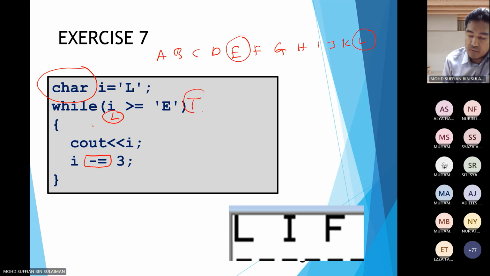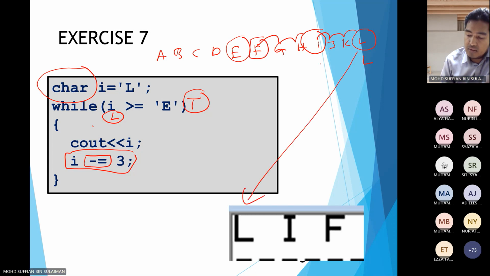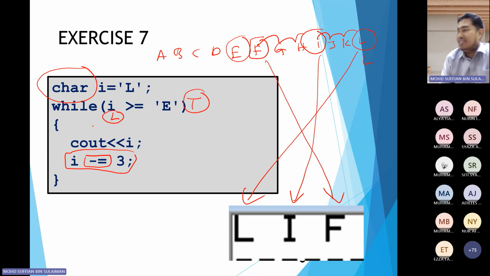And then cout I, and then it steps back 3 steps, meaning L, 1, 2, 3, I, 1, 2, 3, F. This is the output: L, I, F. Itu je sebenarnya. So far so good, guys.